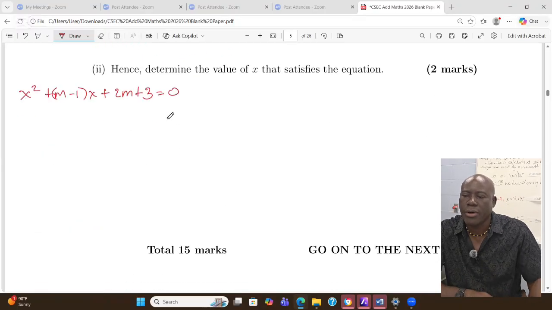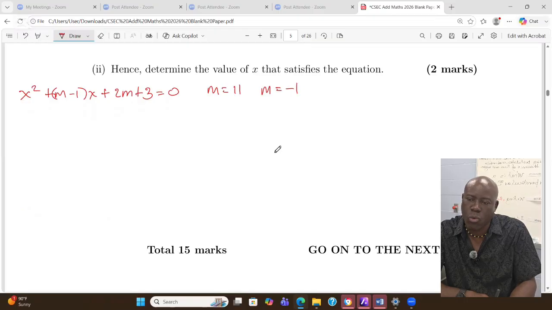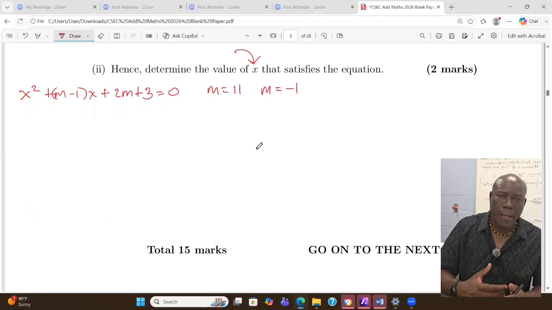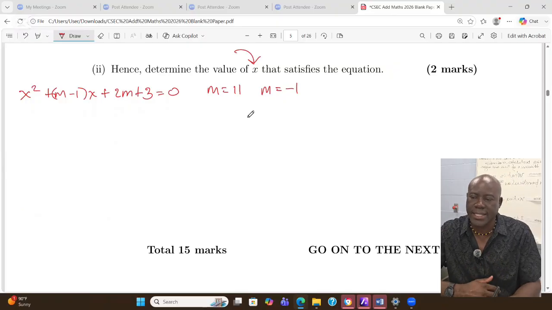And remember that m is equal to 11 and m is equal to negative 1. So in terms of finding the values of x, we're going to substitute. We have two cases.